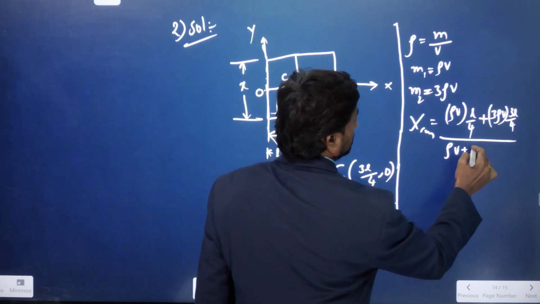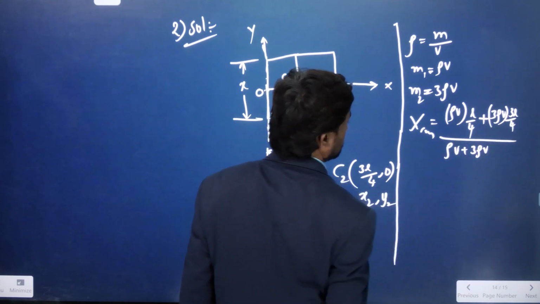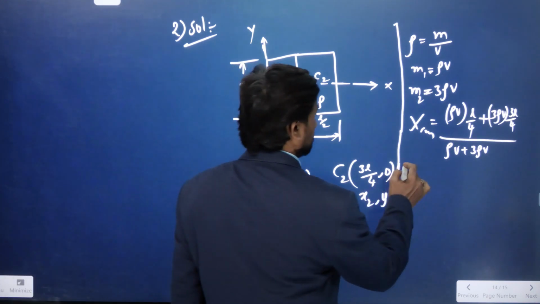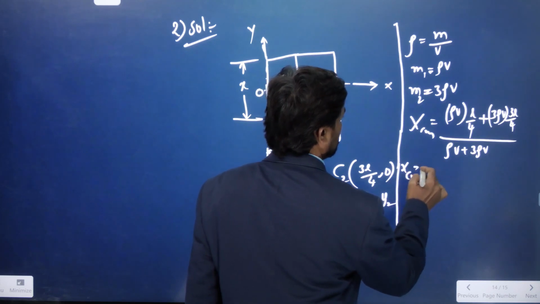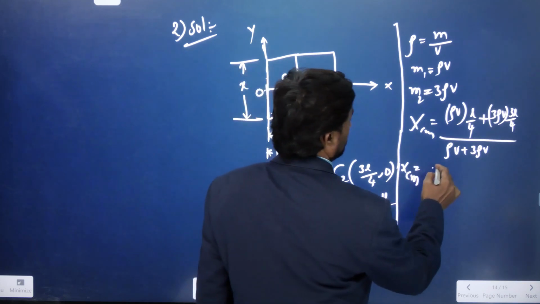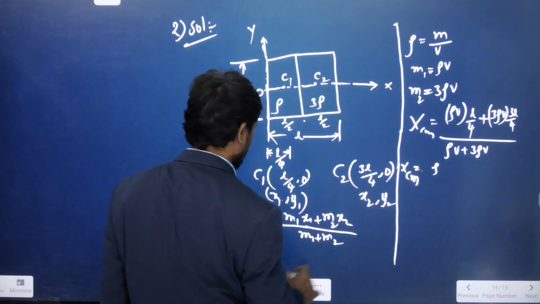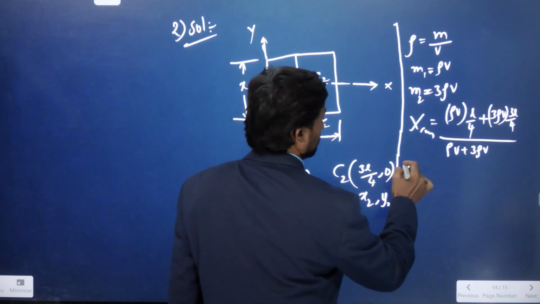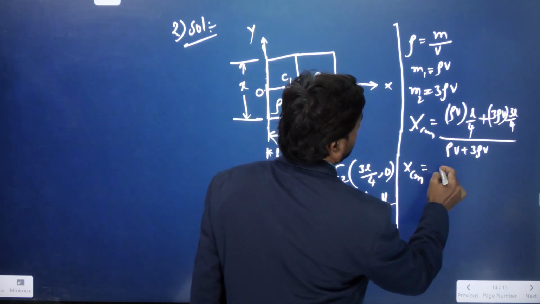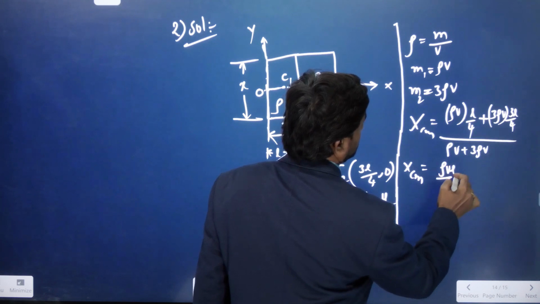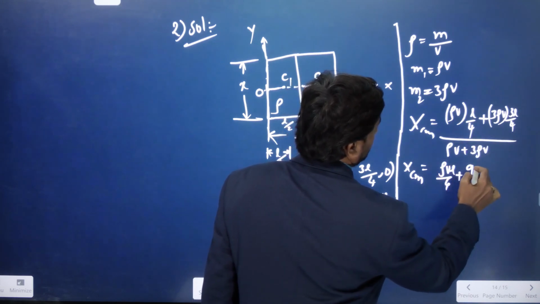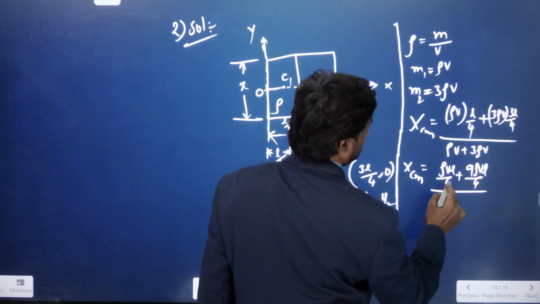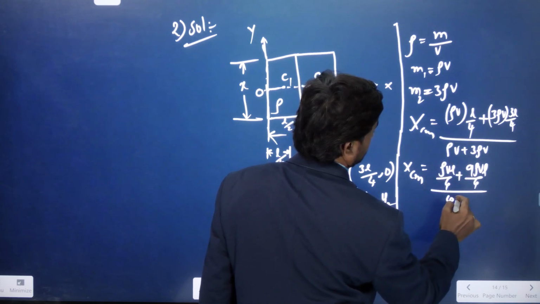The masses of the two rectangular plates are rho v plus 3 rho v. So x_cm is equals to rho v L by 4 plus 9 rho v L by 4, the whole divided by 4 rho v.